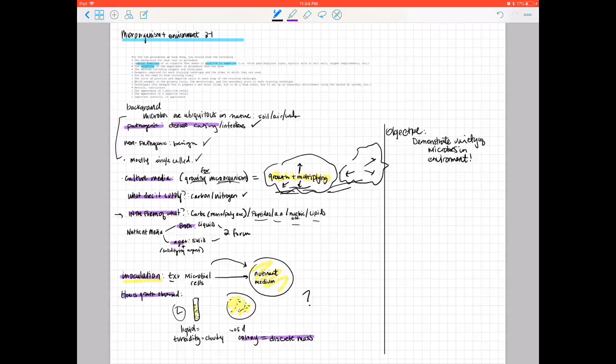We know that turbidity means cloudiness. Is she going to utilize this? No, because we all know what turbidity is now. It just basically means the tube would be cloudy. And when it comes to solid, the agar plate, we look for discrete masses or large mass of cells. That is going to be our affirmation of growth.